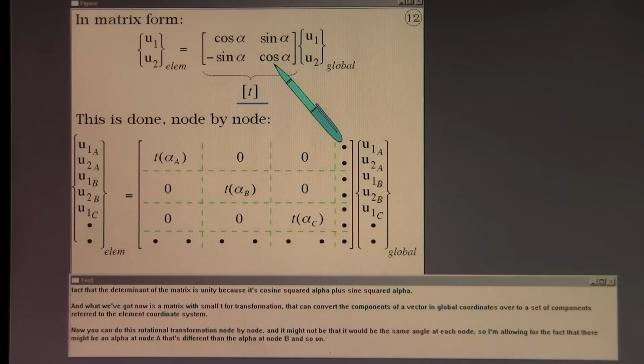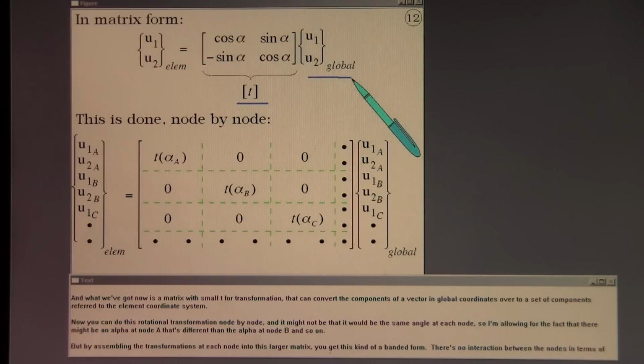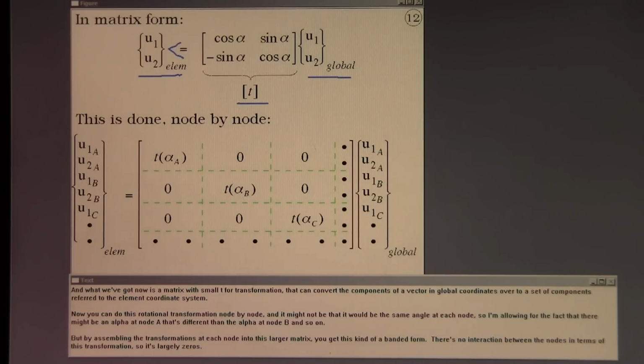And what we've got now is a matrix, with small t for transformation, that can convert the components of a vector in global coordinates over to a set of components referred to the element coordinate system. Now, you can do this rotational transformation node by node, and it might not be the same angle at each node.